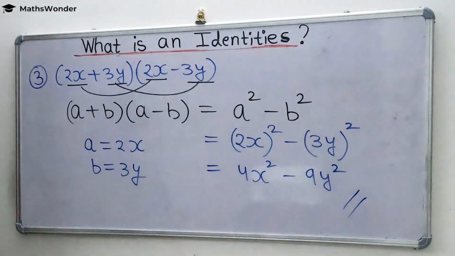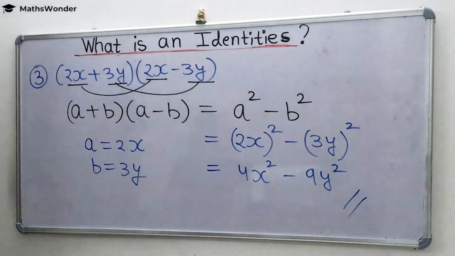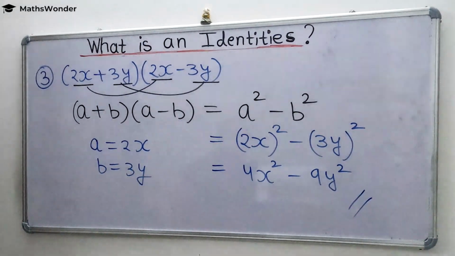No need to multiply with the distributive property. We will not use the distributive property. Understood the third identity? No confusion? So this is the last example with the last identity.